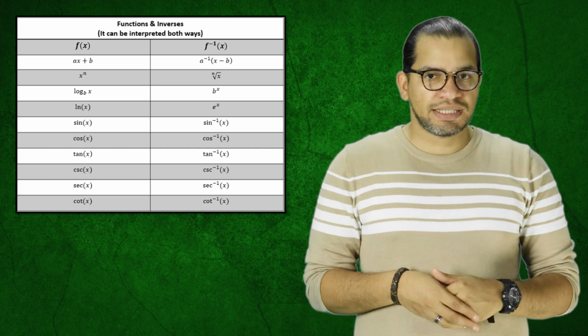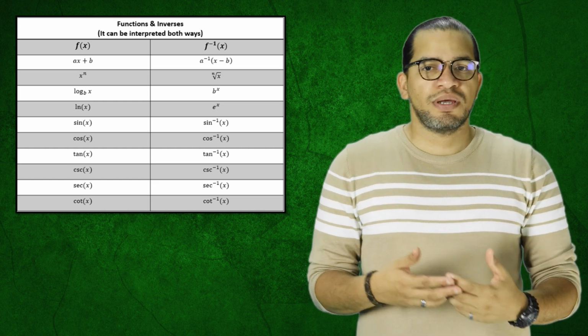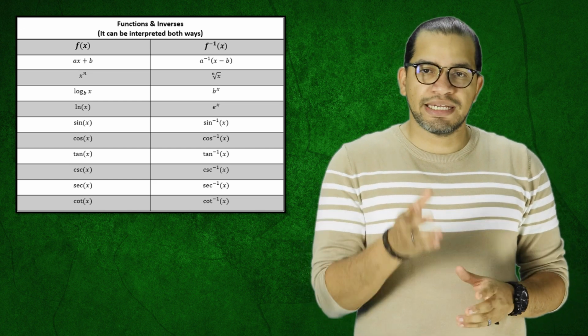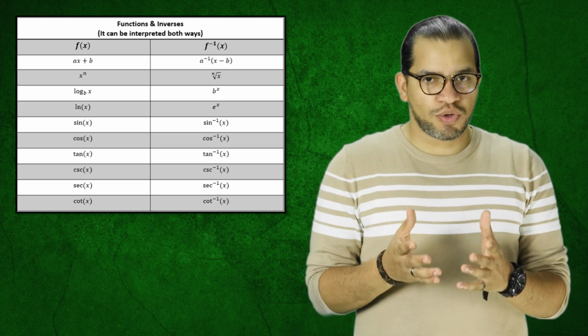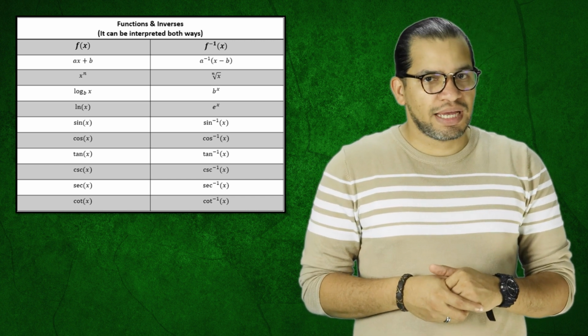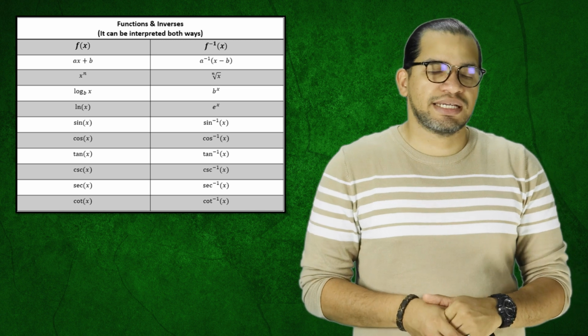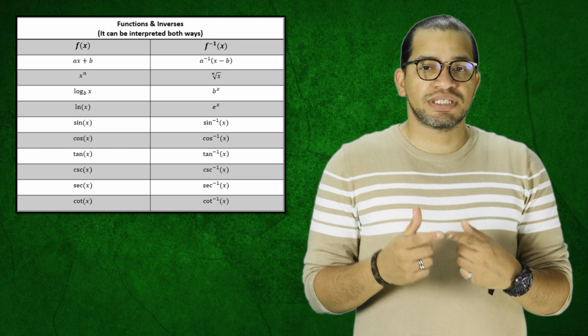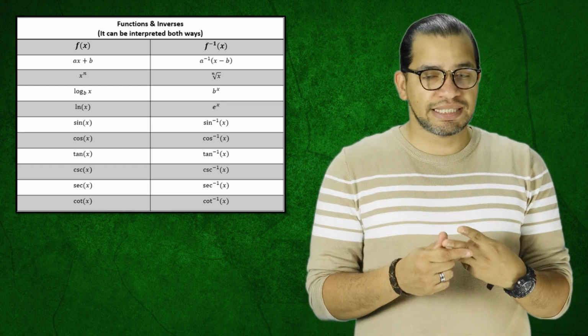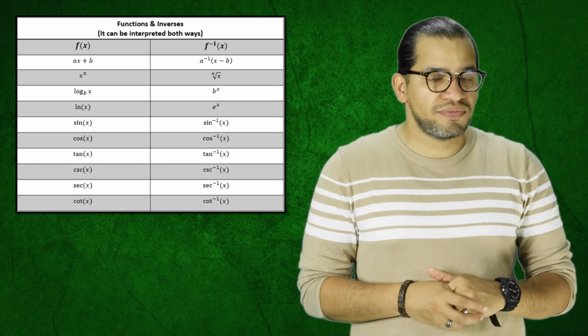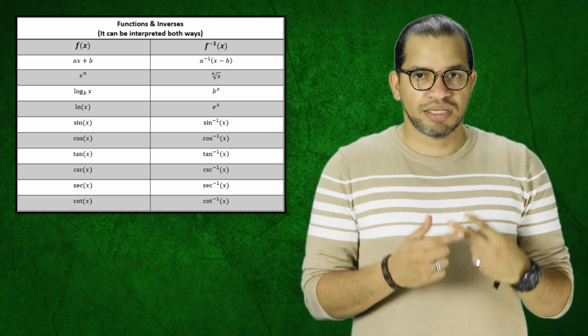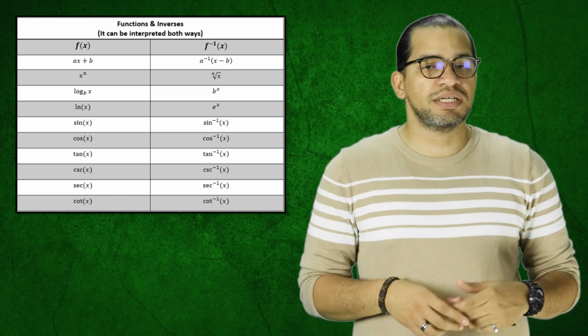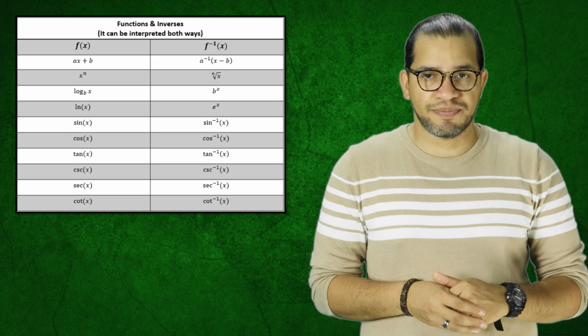Log b of x has as inverse b to the x, and the special case natural logarithm of x has e to the x as its inverse. Now, the trigonometric functions sine, cosine, and tangent have as inverses arcsine, arccosine, and arctangent, respectively.